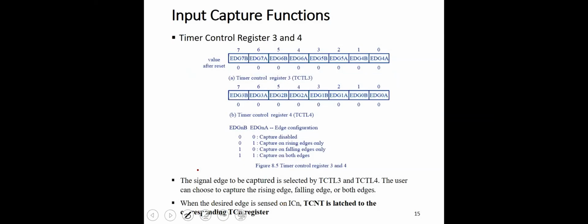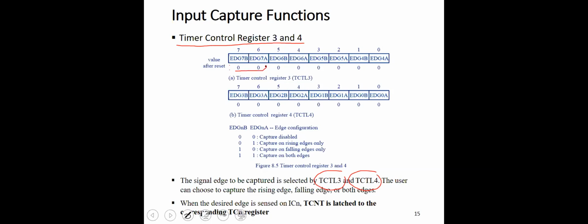Okay. Now, in order to configure what event forces the module to capture the time, basically we have the timer control register 3 and 4, TCTL3 and TCTL4. As we said, we have 8 channels, so there are 2 bits for each channel.